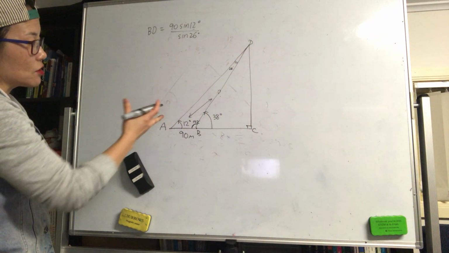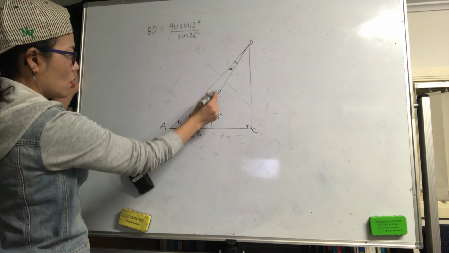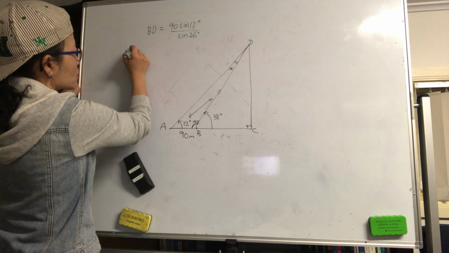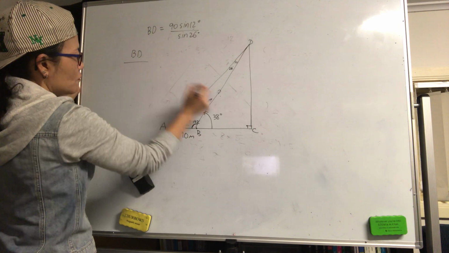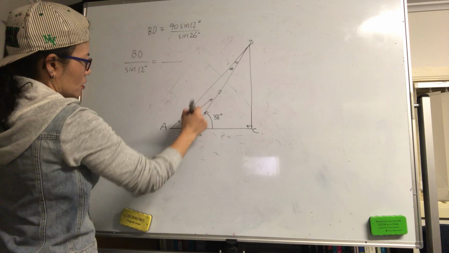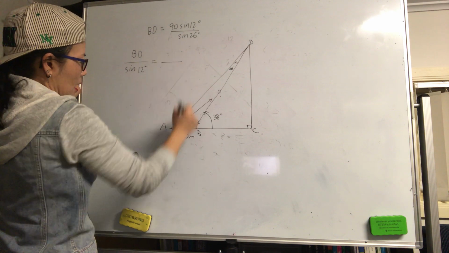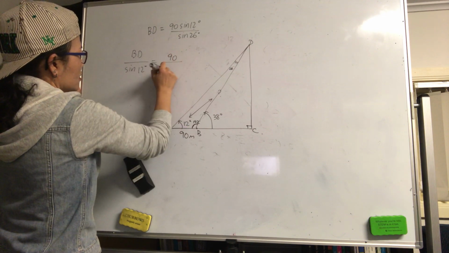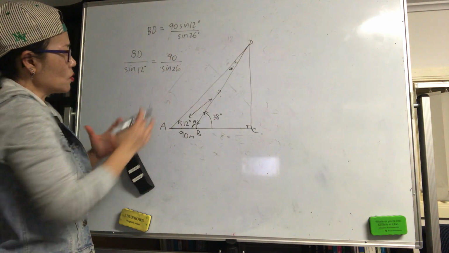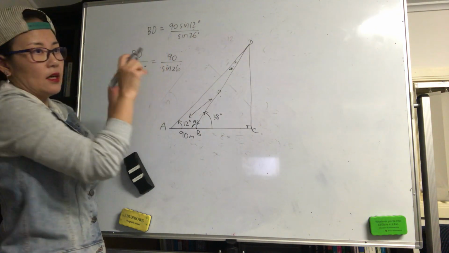Okay, so now I can use the sine rule here. So always the unknown side or unknown angle goes on the top. So I'm going to go BD over sine 12 equals 90 over sine 26. Okay, so always keep the same order.